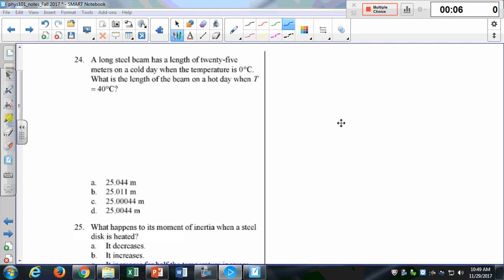I'm going to give you the coefficient of linear expansion for steel here. Alpha for steel is 11 times 10 to the negative 6, and the units for that are degrees Celsius to the negative 1.